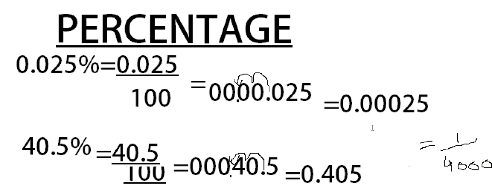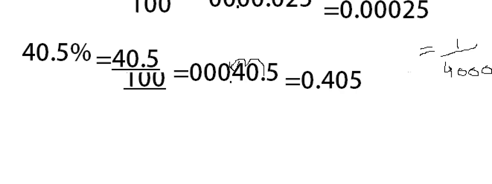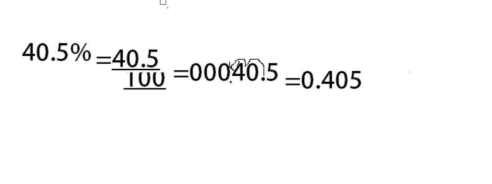Now this is the answer, but not the exact answer, because I have been asked to convert this percentage into a fraction, not decimal. If the question demands to change the number into decimal, leave the answer in decimal form, you can leave this answer in this form only. But if the question is to write the answer in fraction, then I have to change this decimal portion into a fraction.